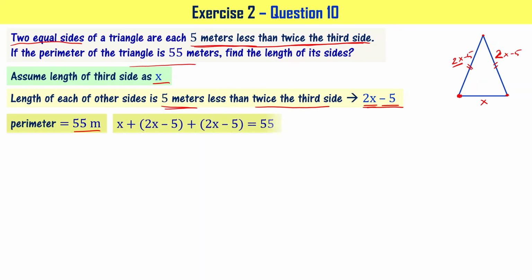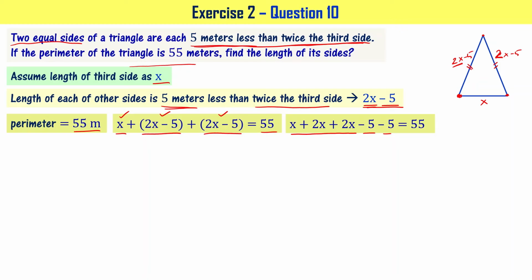It means I can write it as x plus 2x minus 5 plus 2x minus 5 equal to 55. Length of first side plus length of second side plus length of third side equal to the perimeter, that is 55. Let me simplify this equation such that I can write it as x plus 2x plus 2x minus 5 minus 5.